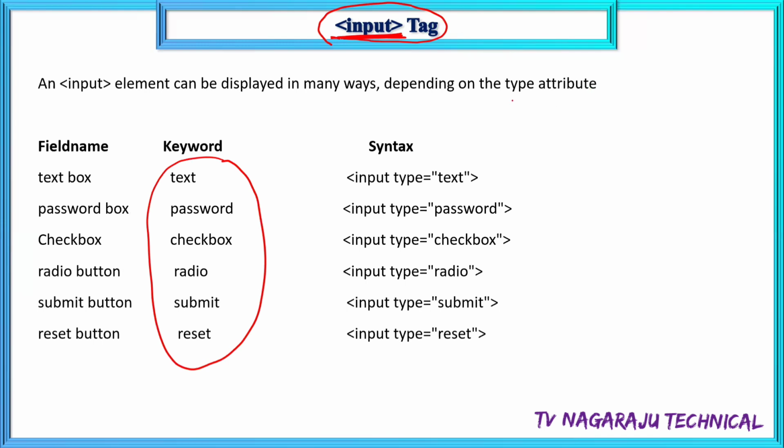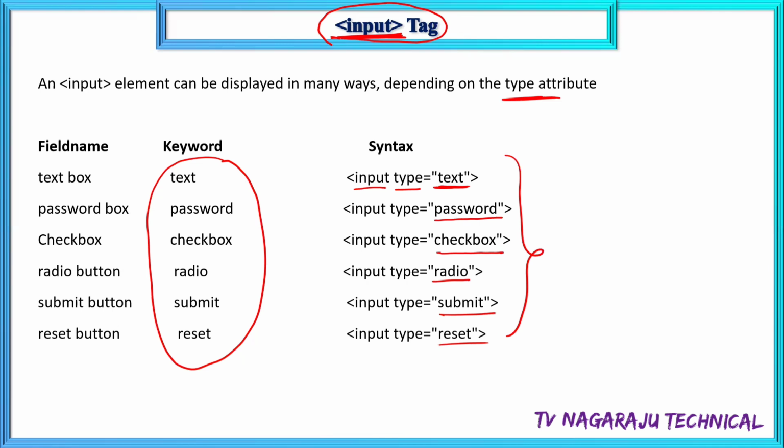For that, we are using the type attribute. Here we can provide different types: text information, password, checkboxes, radio buttons, submit buttons, reset buttons. So any type of information you can give.